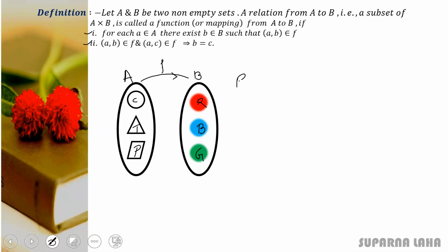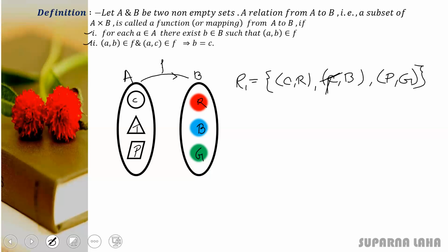So I'm taking the first relation in this form: (C, R), (T, B), and (P, G).